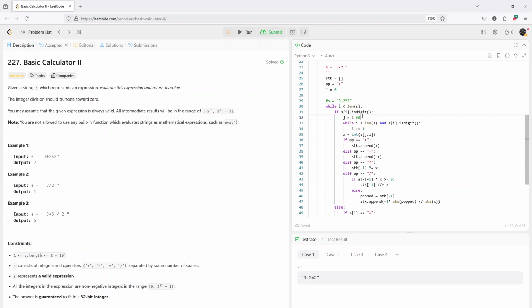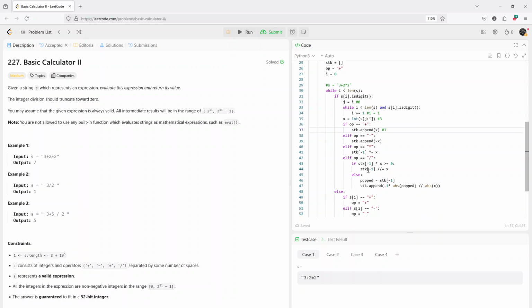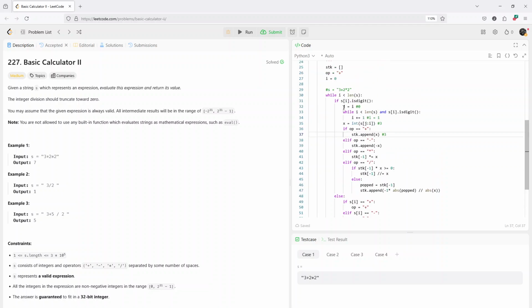So now you hit the plus sign here, so you know that i equals 1. Then you know that x goes from 0 to 1, so that's just a 3. The operator started as a plus, so we're just going to append the 3. And we're done with all this. So now I'll go back up here. s of i.